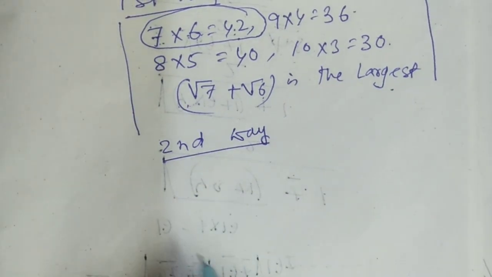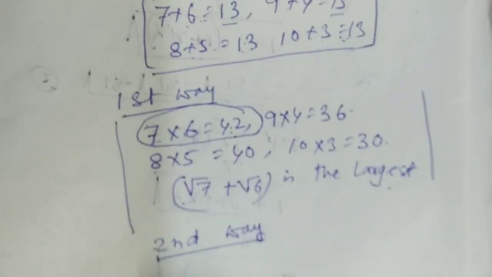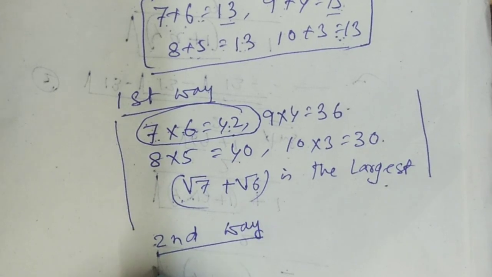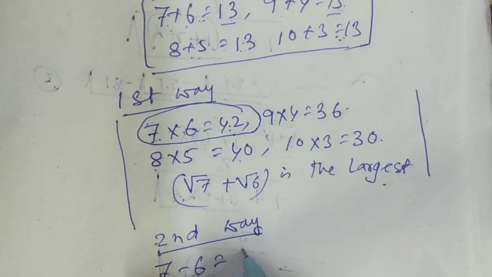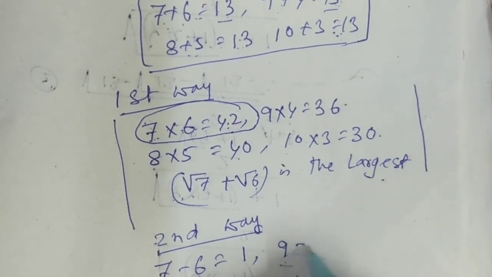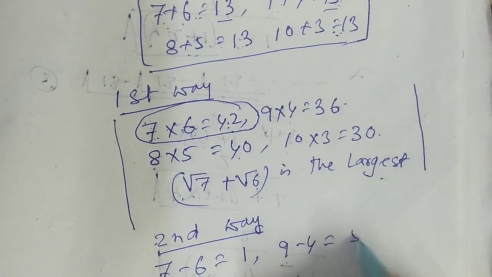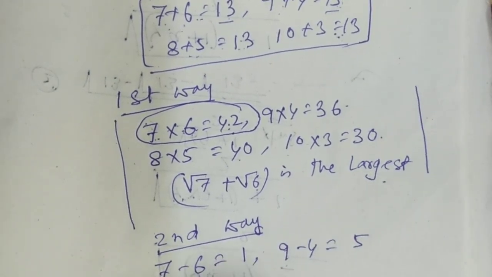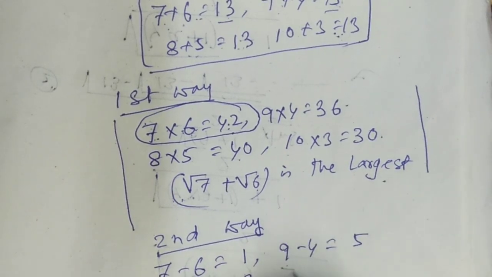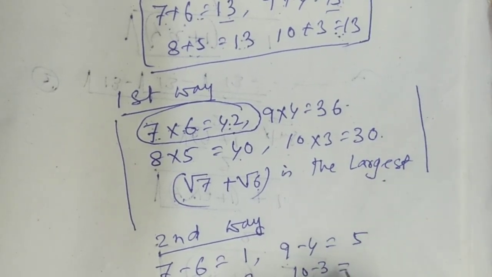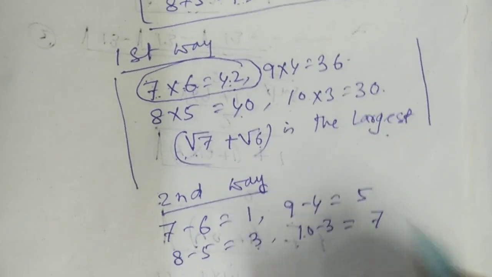This is the second way you can solve this. How? Find the difference. 7 minus 6 is equal to 1. 9 minus 4 is equal to 5. 8 minus 5 is equal to 3. And 10 minus 3 is equal to 7.